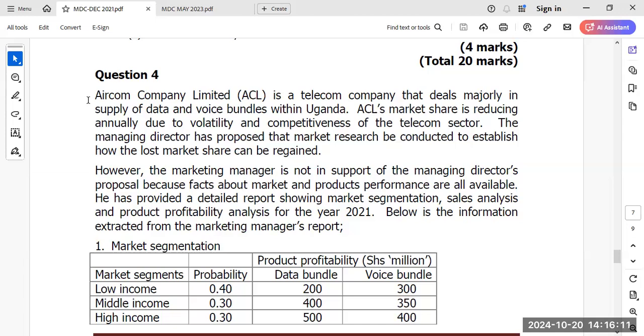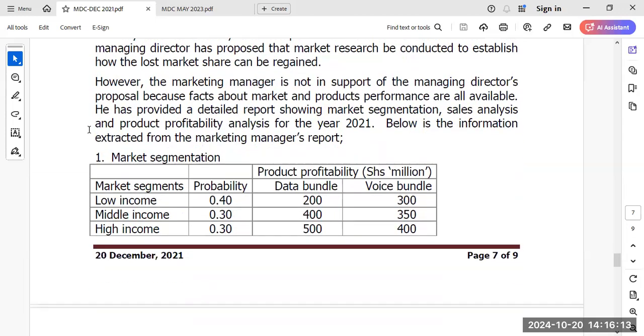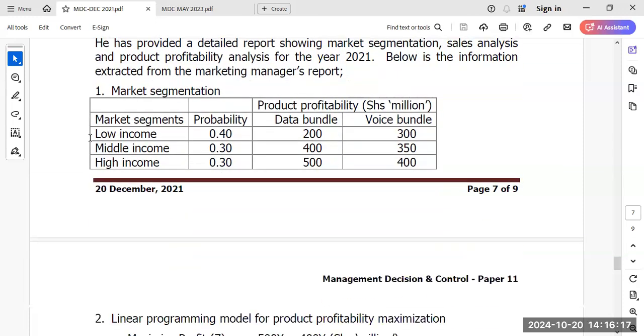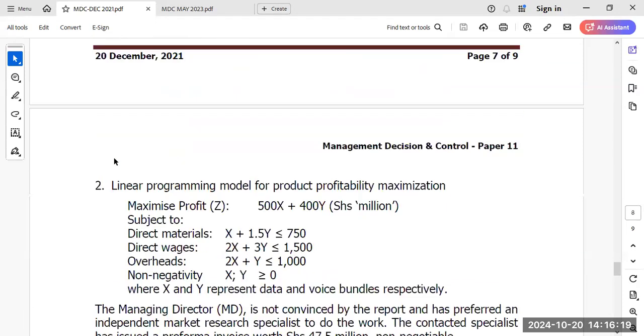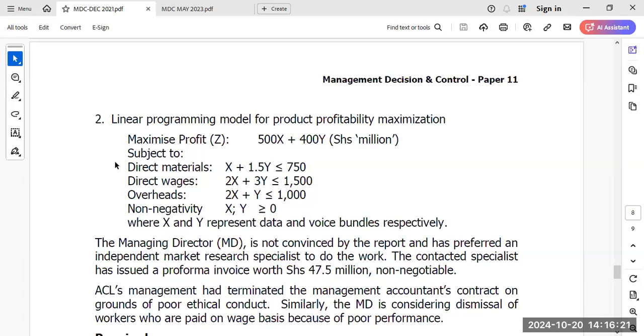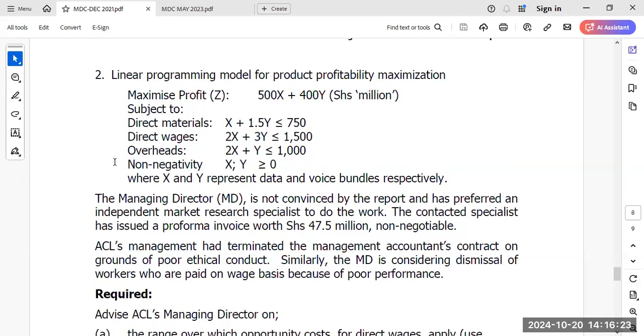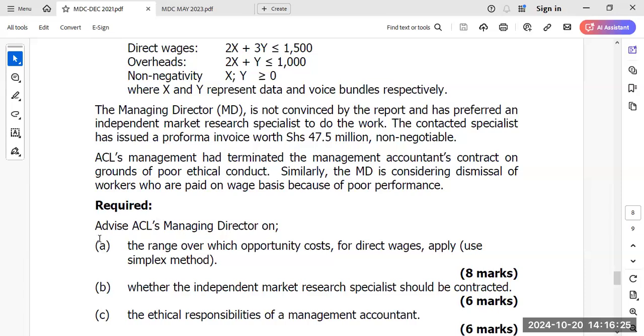When you analyze very well, you will see that you have a decision analysis topic, then you have linear programming, okay? And when you check on the required part A, they are telling us we advise this company's MD on the range over which opportunity costs, that is for direct wages, may apply.